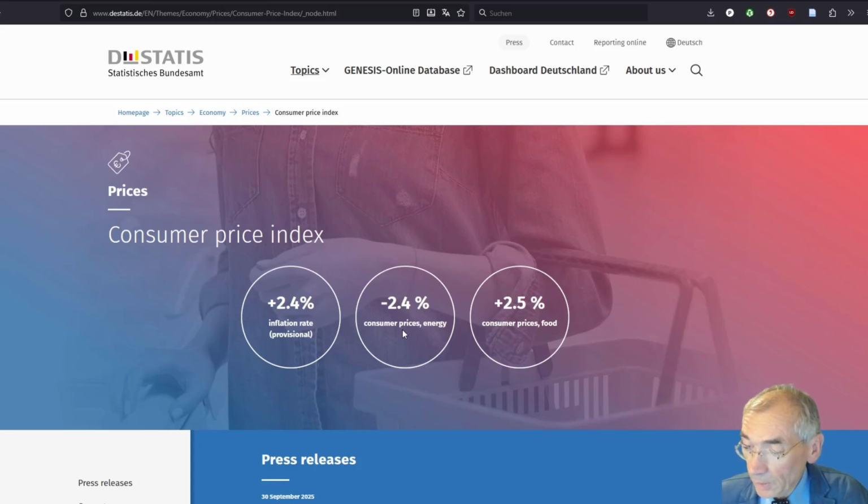Energy is cheaper, but the consumer prices for food are more expensive. So we have to look at different prices, and that is what we called the basket. Which part of our monthly expenditure do we spend on energy? Which percentage do we spend on food? What are the big parts of our shopping basket?